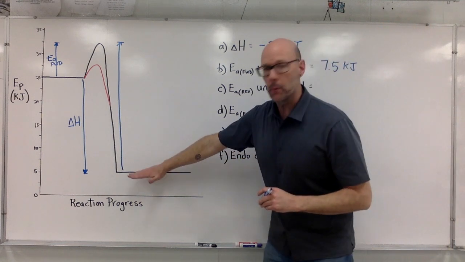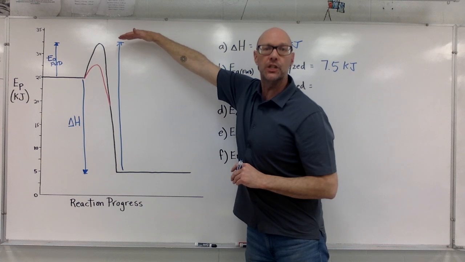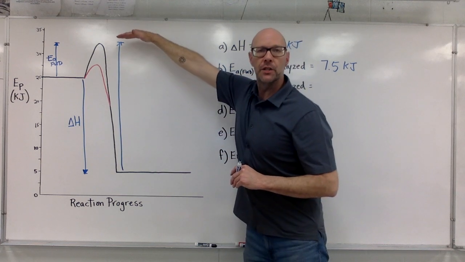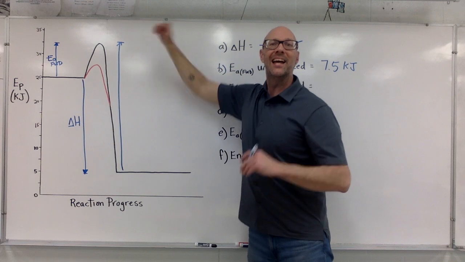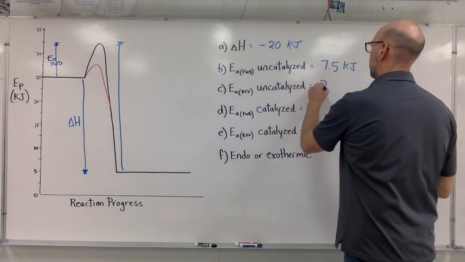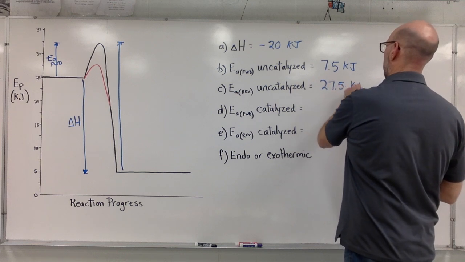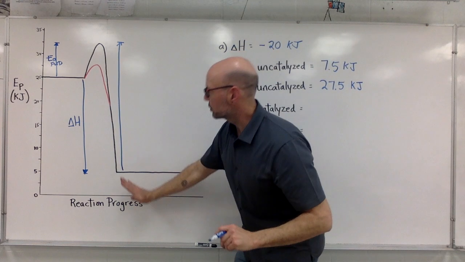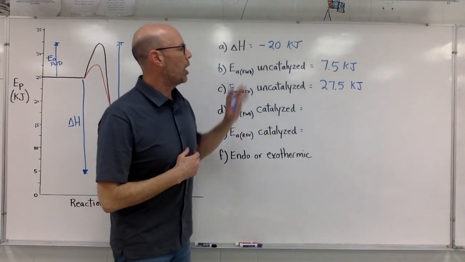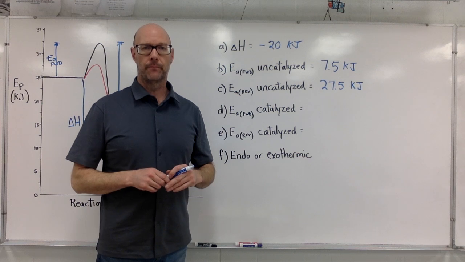This time it's from 5 all the way up to 32.5. 5 up to 32.5 is 27.5. Again, it was going up. It was a positive change. It was a positive 27.5 kilojoules.